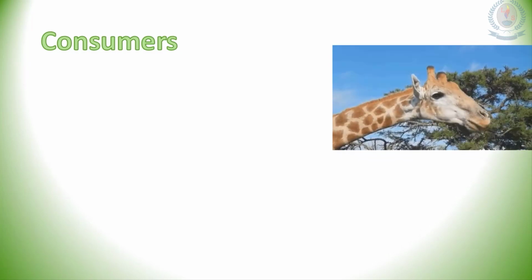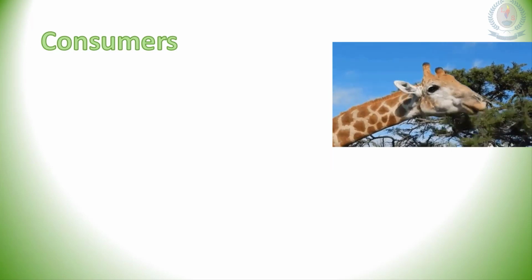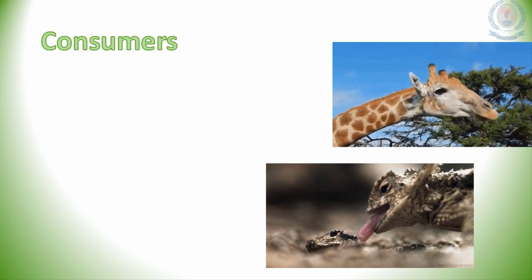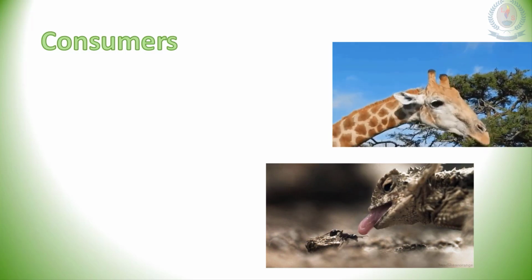Who are consumers? Consumers are animals, because unlike plants, they can't make their own food, so they have to depend on another organism. Look at this. Yes, a giraffe is eating a plant. A lizard is eating an ant.